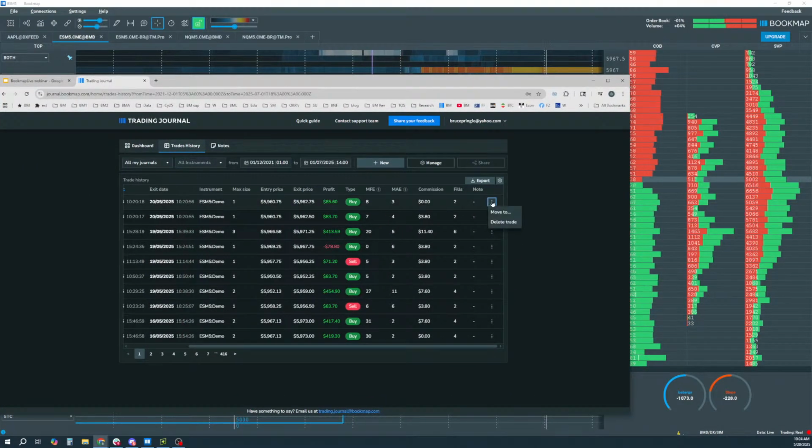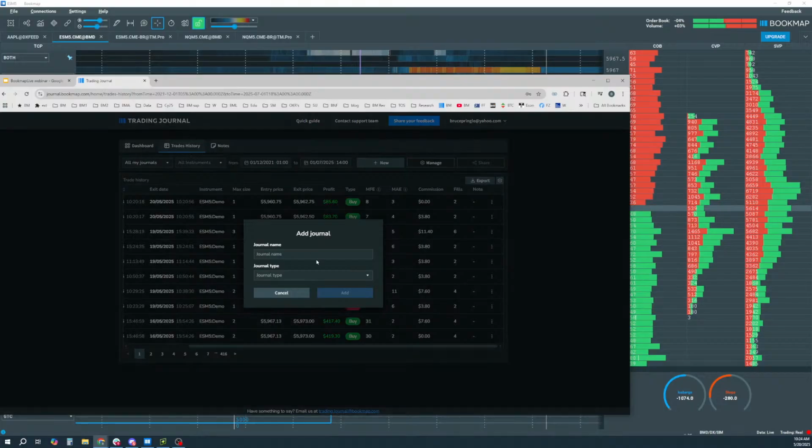You should be able to copy this, or you can move this, create a new journal, and move it into that journal. So let's add a new journal in here, and we'll call this setup demo, because it's really not a strategy here.